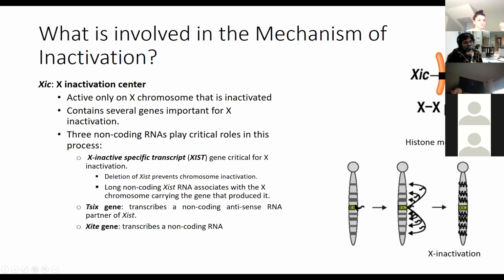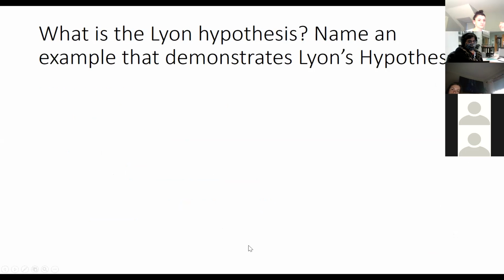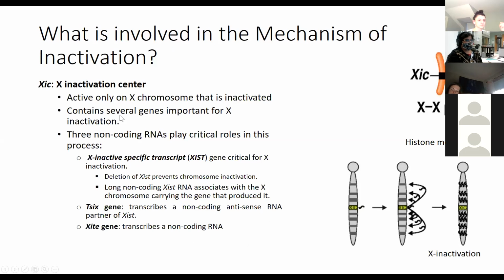So essentially, the XIC, that center, produces all of these RNAs, and they go to each of these different genes and block them from being transcribed. So that is essentially how X inactivation works.